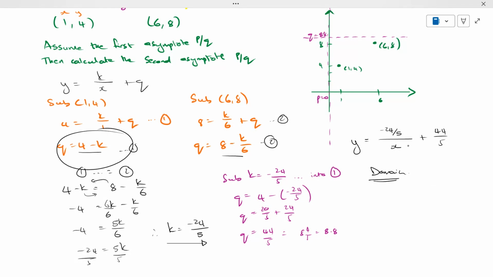We can also rearrange this: bring the 5 to the bottom and neaten it up. But this works, this is good. The domain goes, remember, from 1 until 6, and that would be my domain for this one. Now I've created the equation, and I'm done.